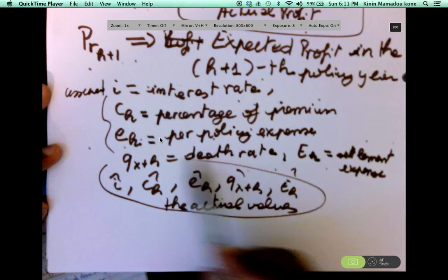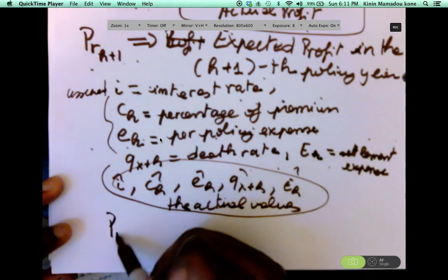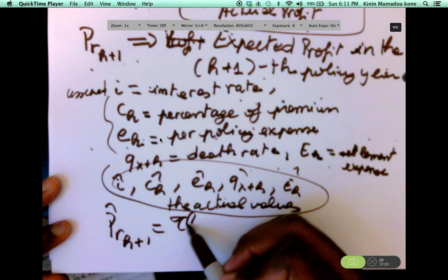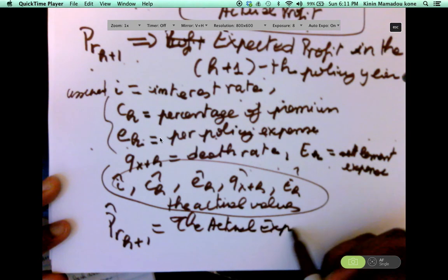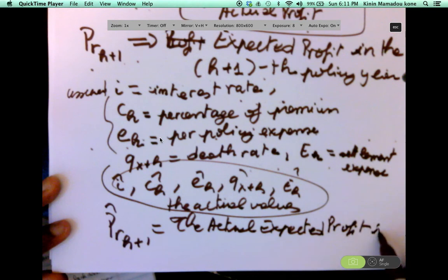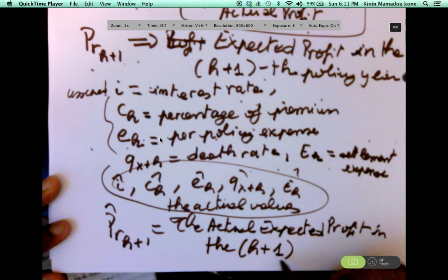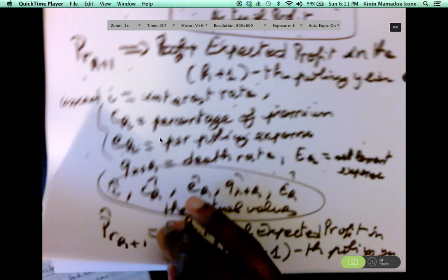So PR_h+1 hat will be the actual profit in the (h+1)th policy year. We see how much money we make.